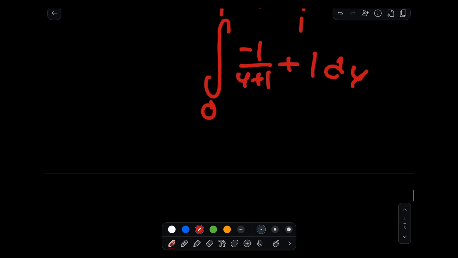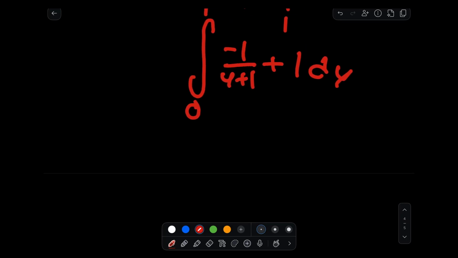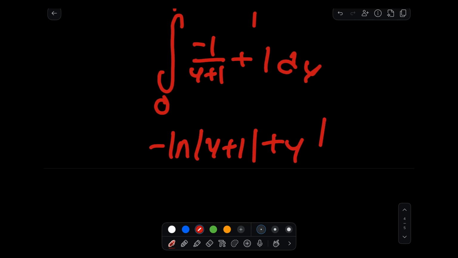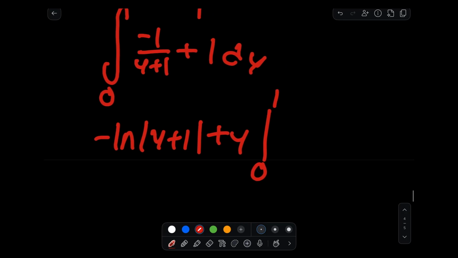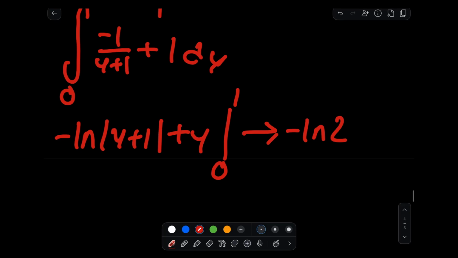Right? And now we can do our properties of integration again. And we know that this is going to be a natural log, y plus 1 plus y evaluated from 0 to 1. So then we would get negative ln 2.